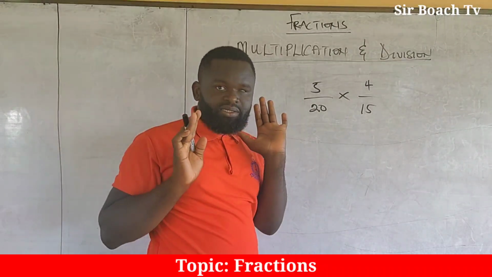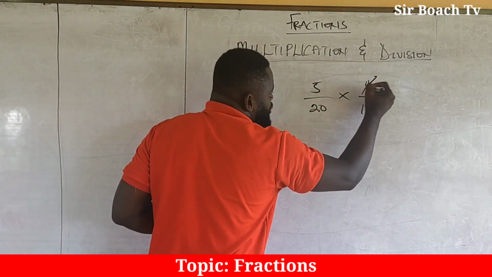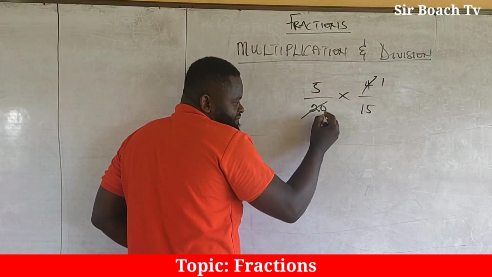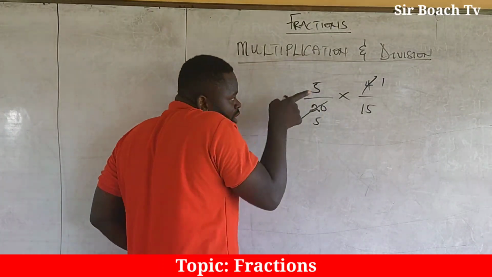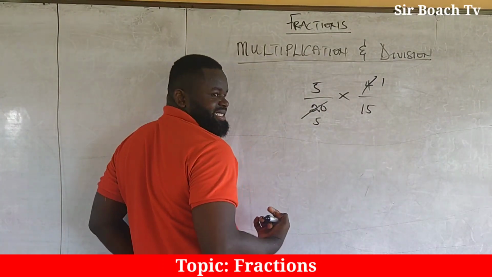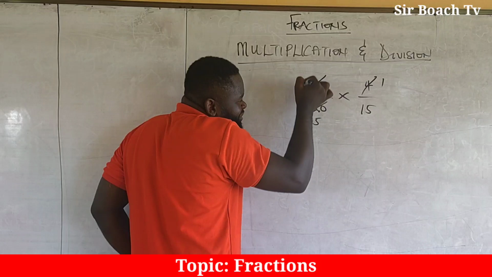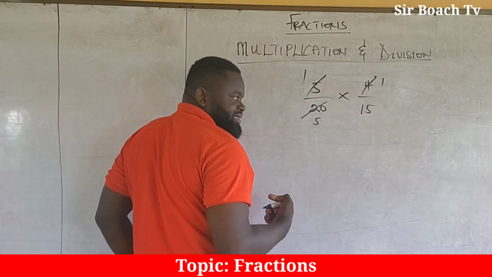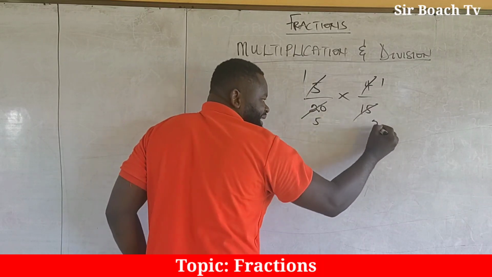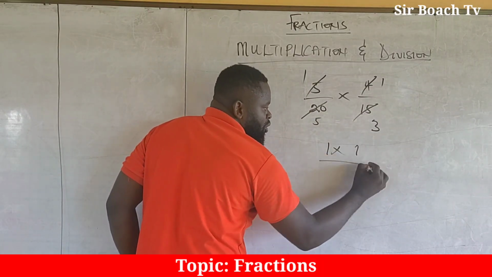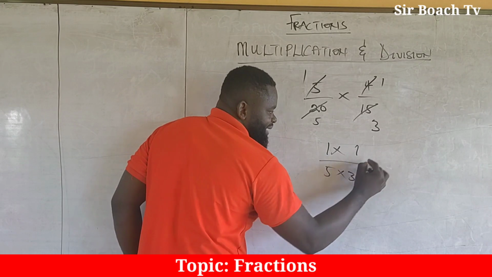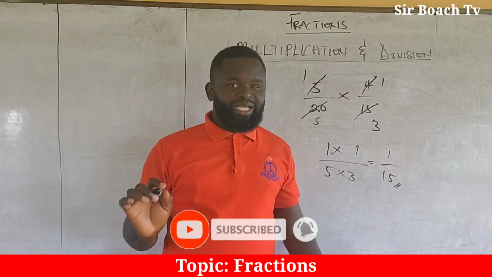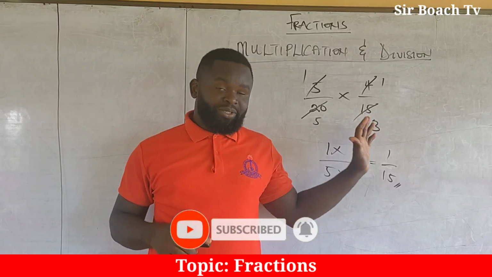It works. I can either use this or that because they are all denominators. So 5 goes into 5 1, it goes into 15 3 times. Then I'll get 1 times 1 over 5 times 3. That will give me 1 over what? 15. That is how we cancel in fractions, especially multiplication of fractions.